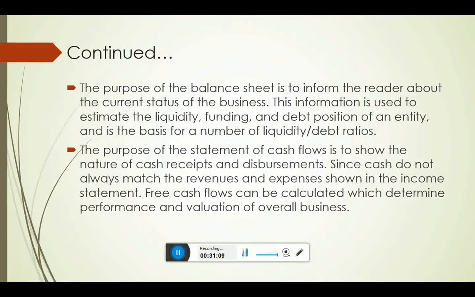Because in finance we say that finance is the lifeblood of an organization and cash is king, right? Cash is king because all the major and main decisions are taken based on the cash position of a company. So in order to have information about the cash position, the cash flow statement helps us, right?